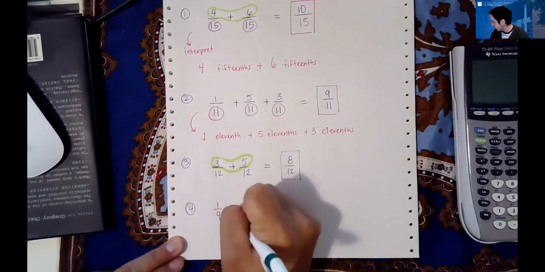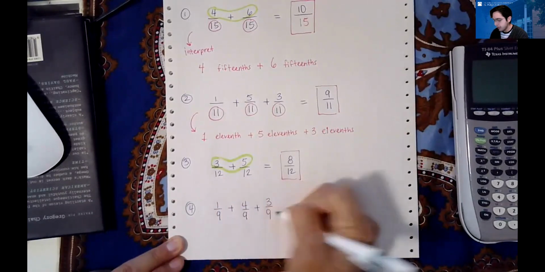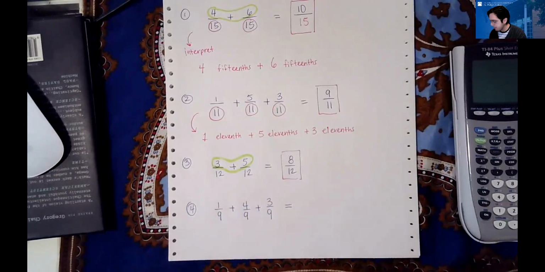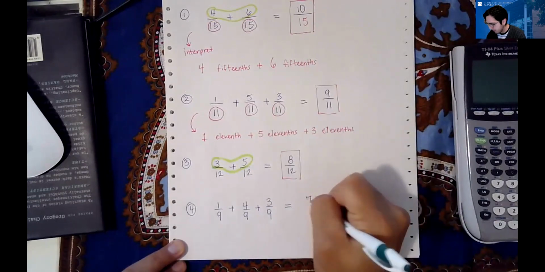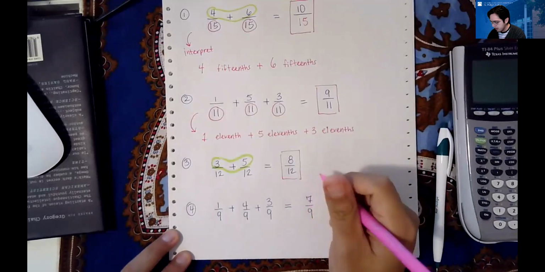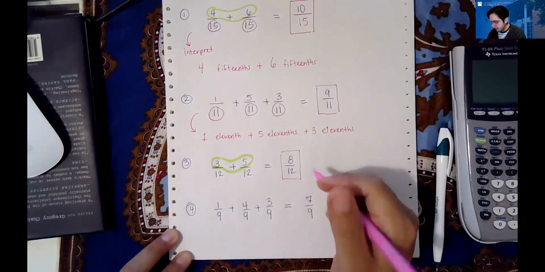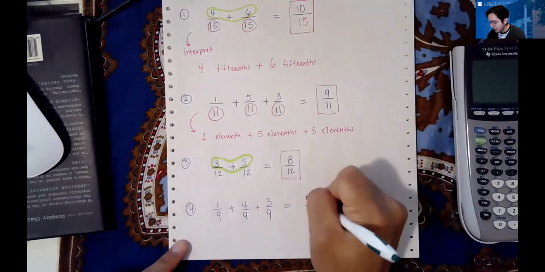One ninth plus 4/9 plus 3/9 should be what? 7/9. No, that's 8. 8/9. My bad. That's 7. That's an 8. Oh, that's 8. Okay, yeah. There we go. We just miscounted there, right?